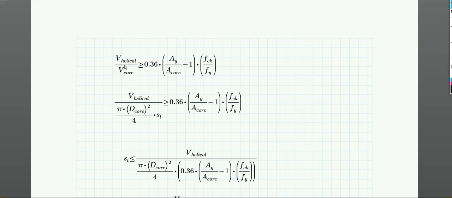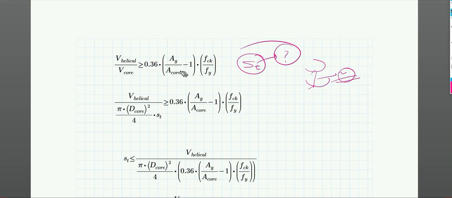So V helical by V core should be greater than this value. Our main objective is to find the spacing of the stirrup, or the pitch st. Because we are designing, we have to say what pitch of spiral we are providing, and this much pitch is needed.